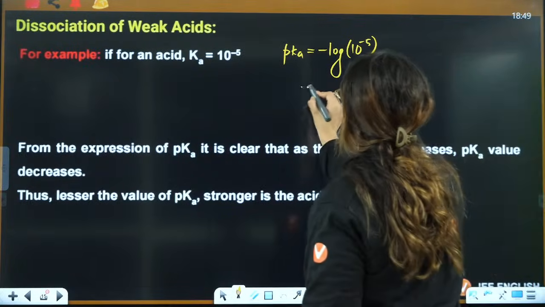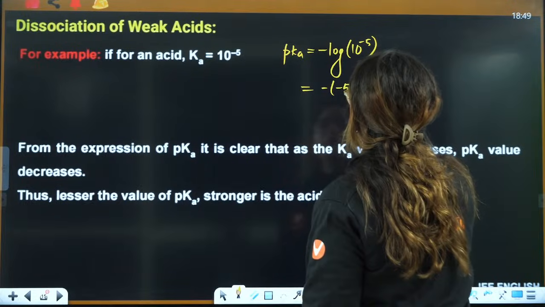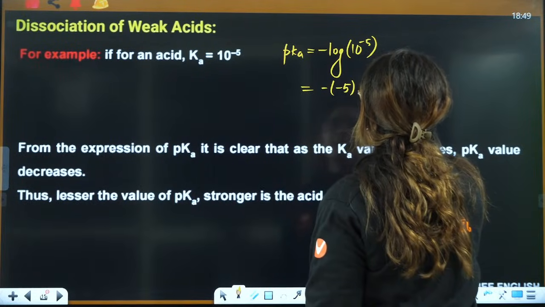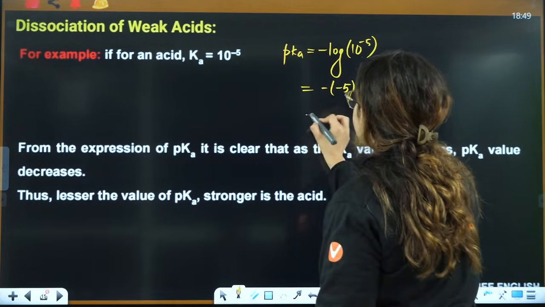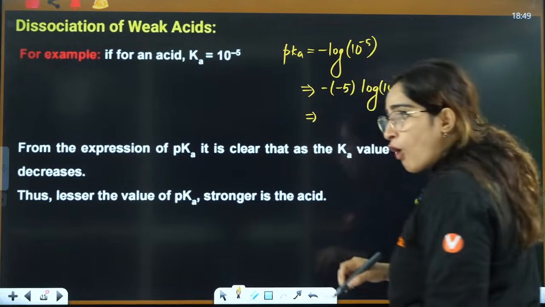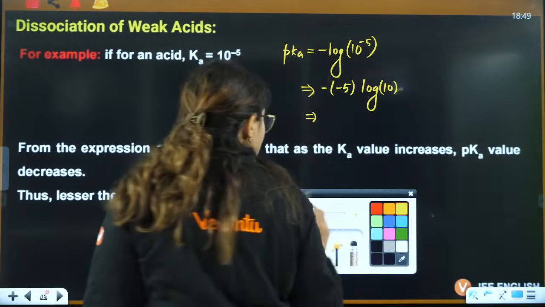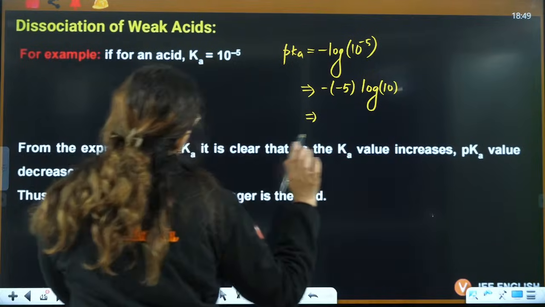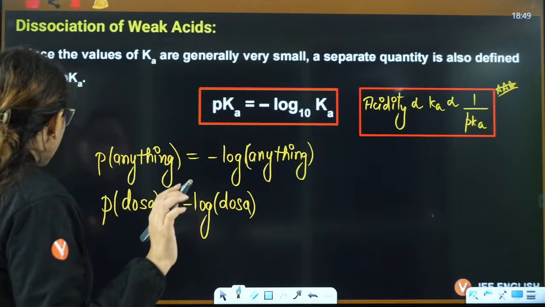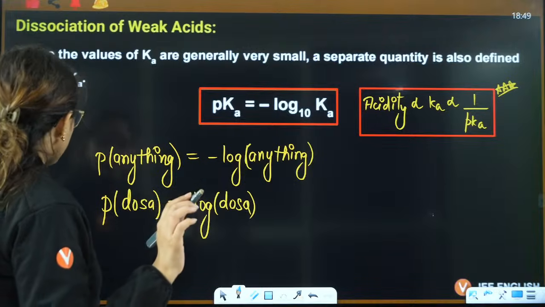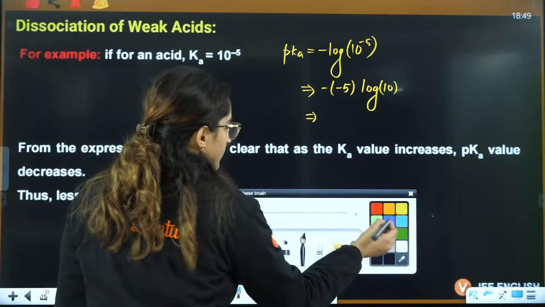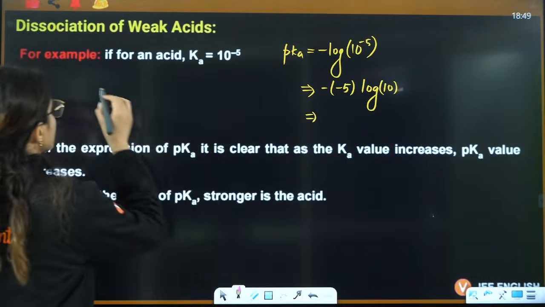So minus of minus 5 log base 10 of 10, and log base 10 of 10 is nothing but 1. Why is log base 10 of 10 equal to 1? Because always remember these properties, which I am writing side by side.